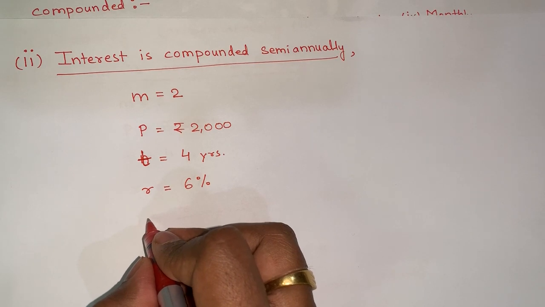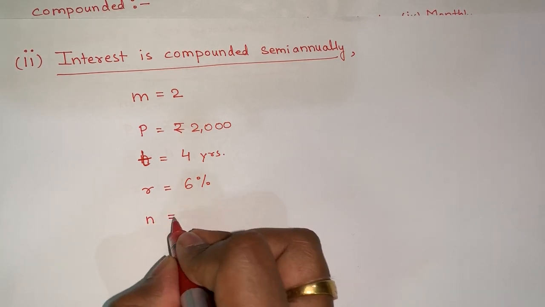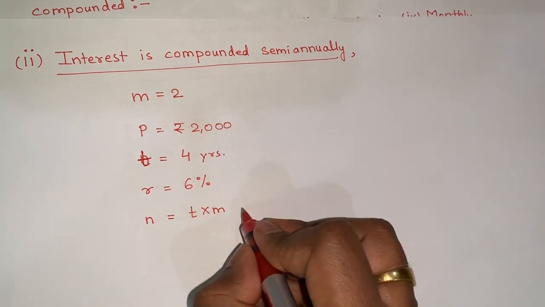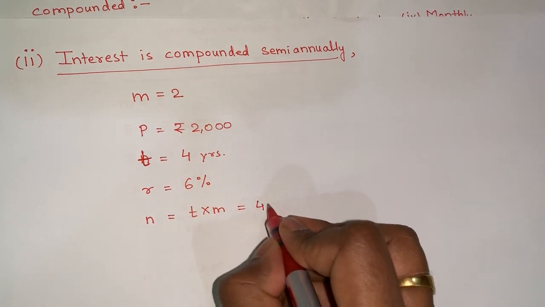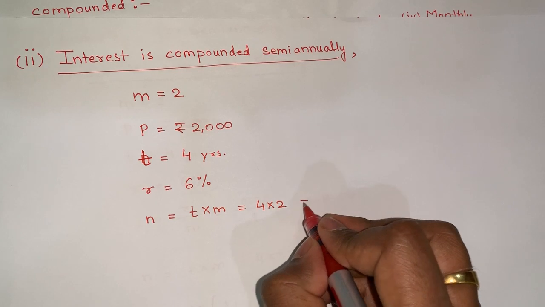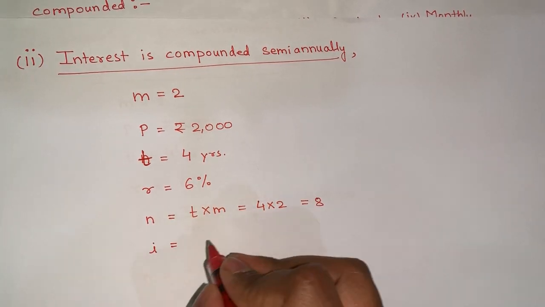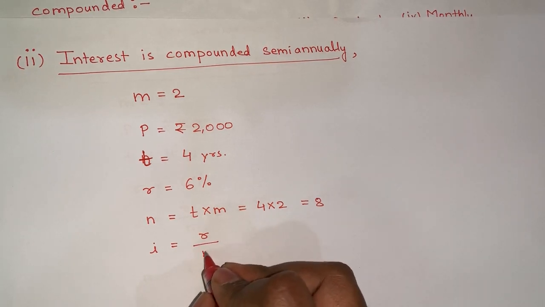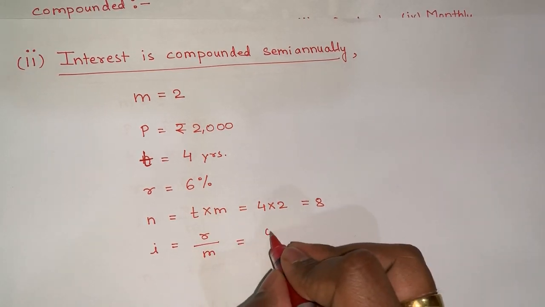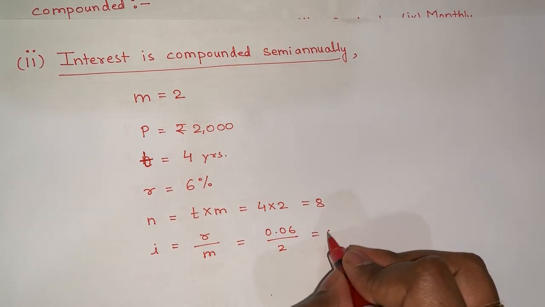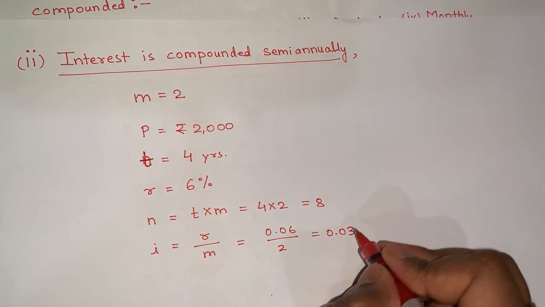Therefore, what is my n? My n is equal to t multiplied by m, which is 4 into 2, which is 8. What is my I? My I is equal to r divided by m, which is 0.06 divided by 2, which is 0.03.